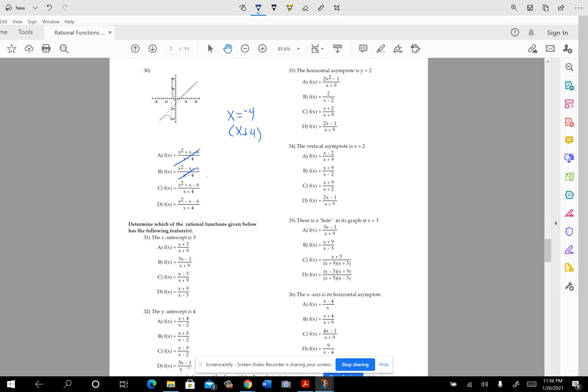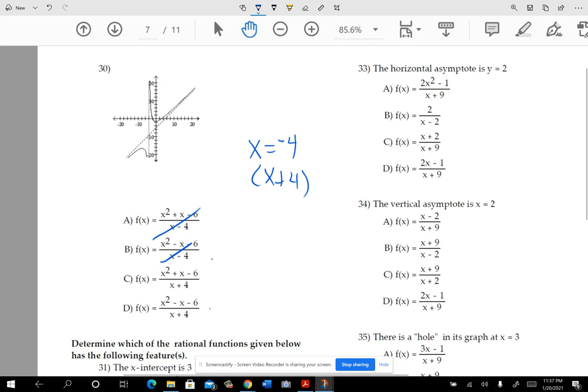You might look at where it seems to be crossing the x-axis. Let me blow this up a little bit. And remember the scale. So it looks like it's crossing at -2 on this side, and then maybe over here, that's really hard to see.